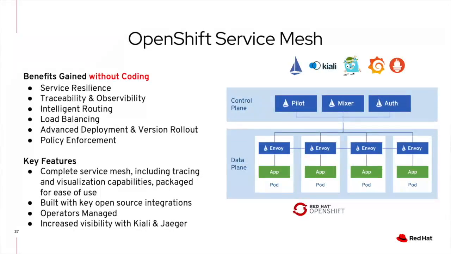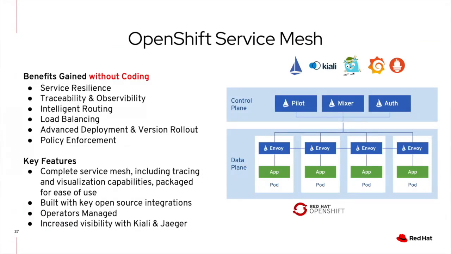The control plane is composed of three components. Mixer is responsible for enforcing access control and usage policies across the service mesh and collecting telemetry data from those proxies deployed as sidecars.